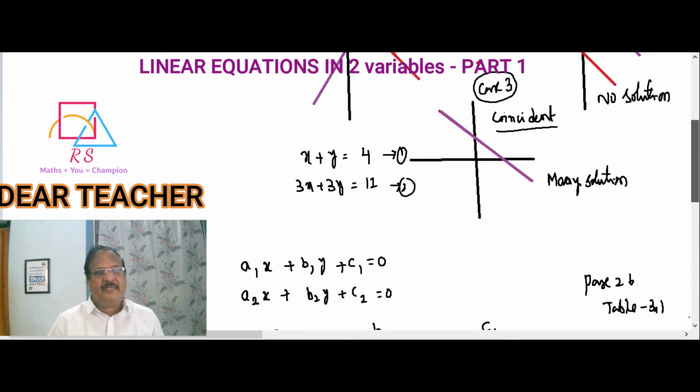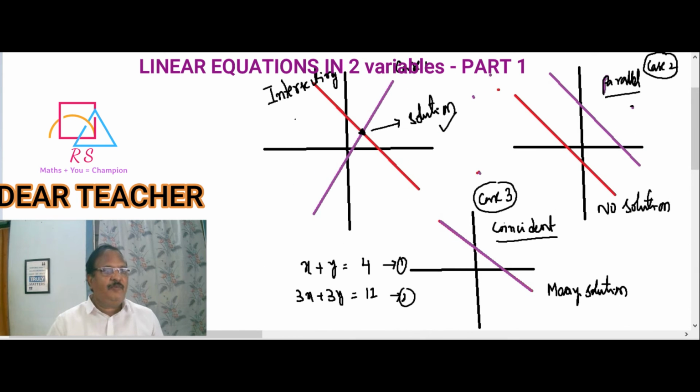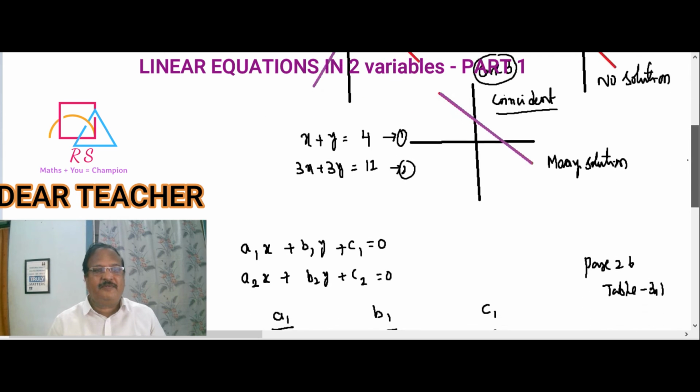That means in this case, A1 by A2 is not equal to B1 by B2. You don't need to go for the graph. You just find out A1 by A2 and B1 by B2. If they are not equal, then both lines are intersecting and you have only one solution.